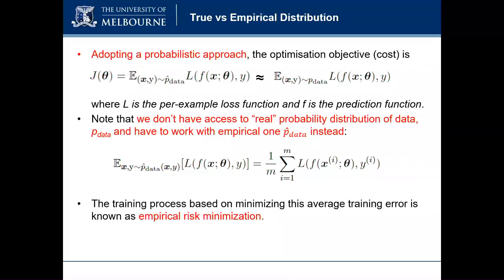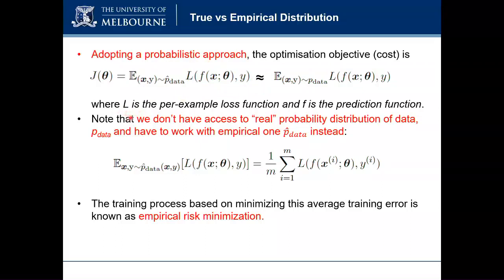Anyhow, adopting this probabilistic approach, as I mentioned, the optimization objective is this expectation that we compute with the empirical data. We say that it approximates this platonic original data generating probability underlying the data, which we will never know in most cases. So this is the best we can do in real life, which is fine.